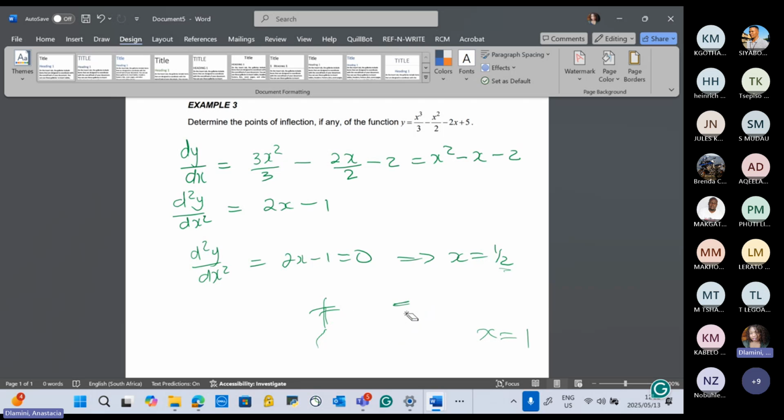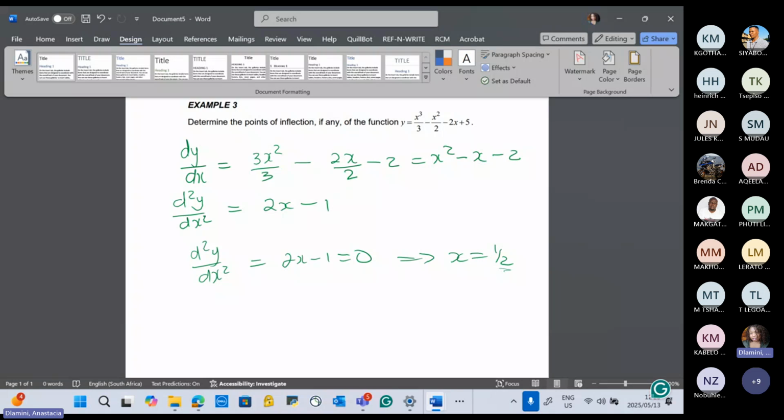So in this case, we need to get values before 1/2 and values after 1/2 and substitute. If the answers are both positive, there's no point of inflection.